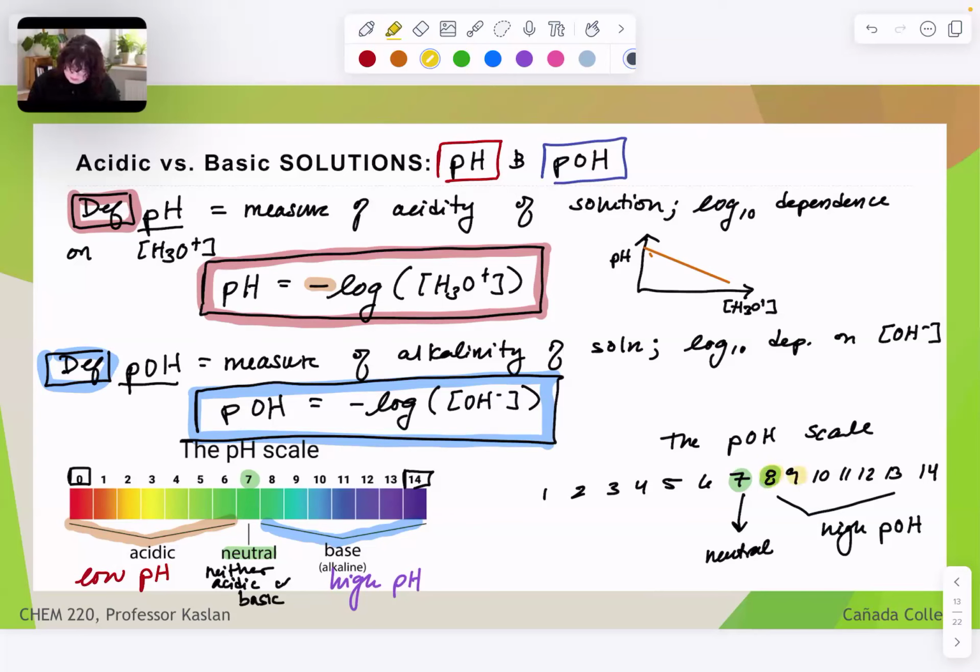Okay, gonna have to bear with me here as I do some color coding. There we go. So high pOHs means we are acidic. Whereas our low pOHs, that means we are basic.